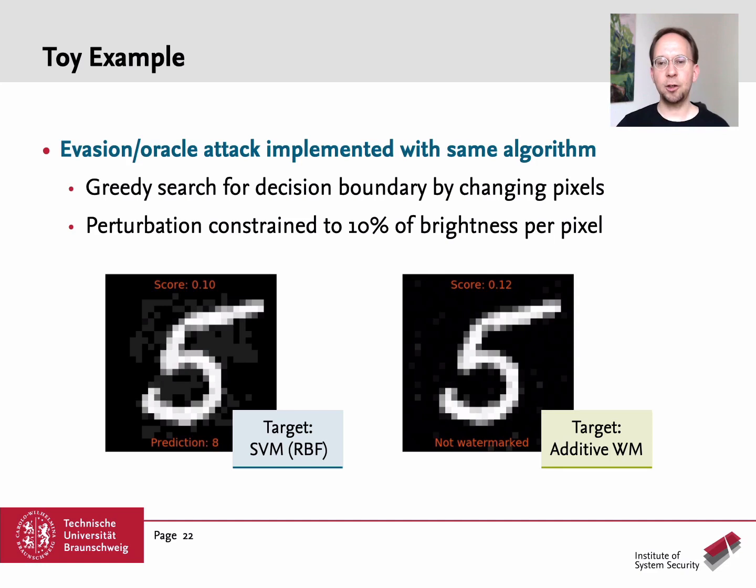And at some point I cross the border and now the image is not watermarked anymore. Or, to be more precise, it's watermarked, but the watermark has been destroyed, which means the detector cannot find it anymore. So you can see, same algorithm, same attack, two different areas, works.